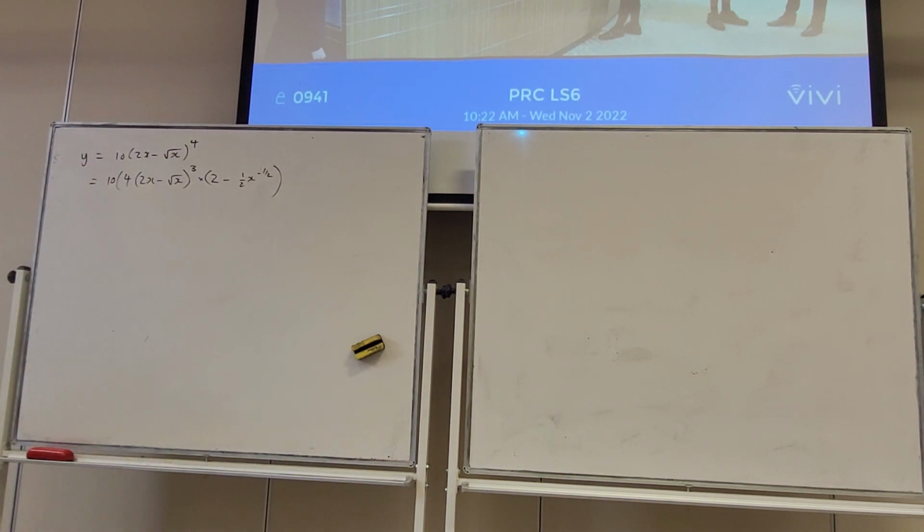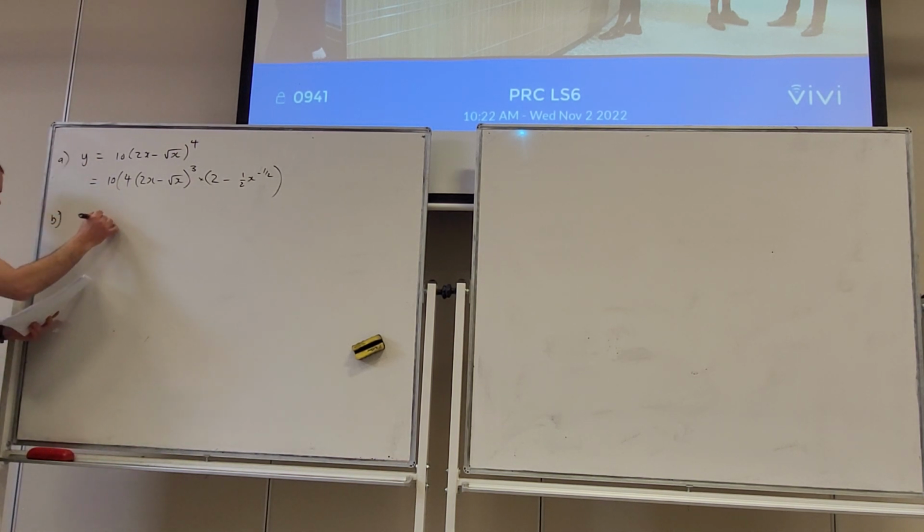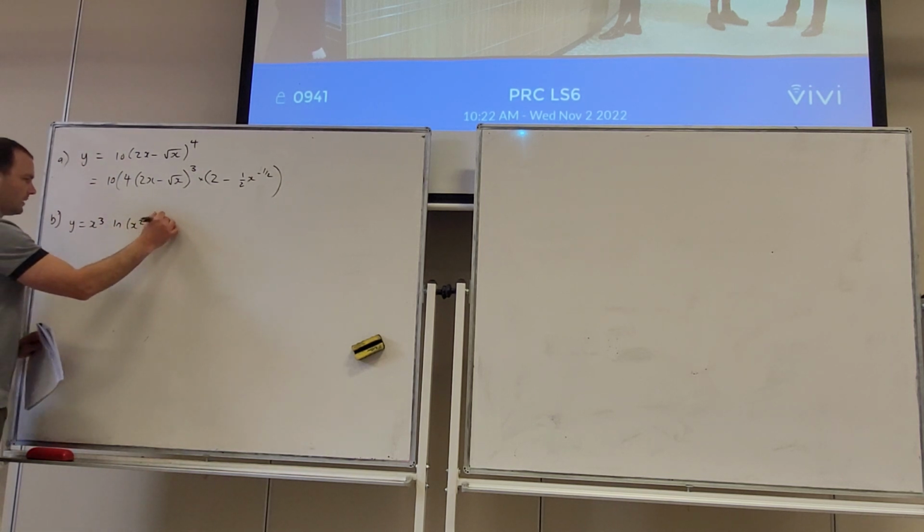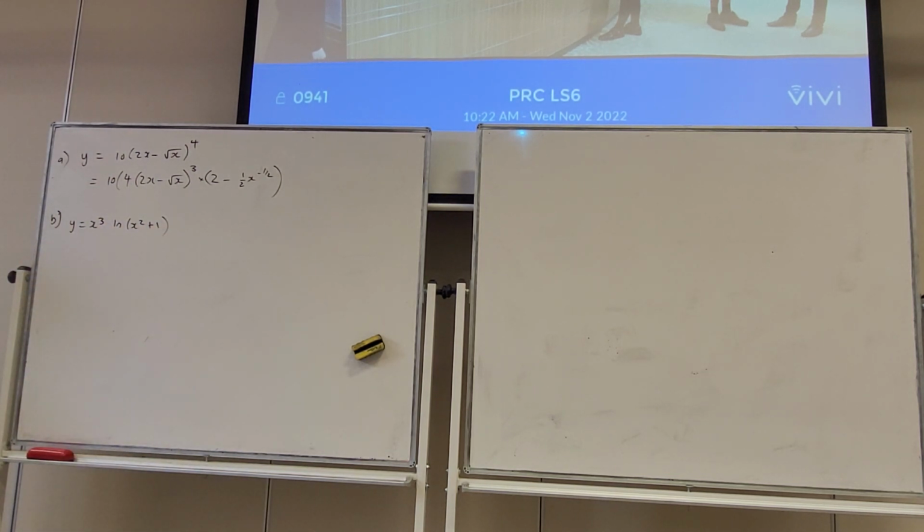Remember we've spoken as we're going through these about how some marks in the exam are easy to get, some are hard. This is an example of 2 marks that are easy to get, so you've got to make sure you get them. All right, so that's part A. Part B, we have x to the 3 times ln of x squared plus 1.